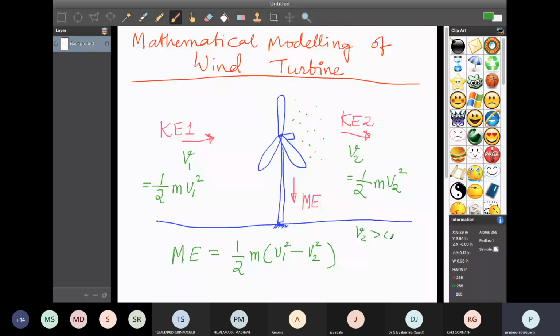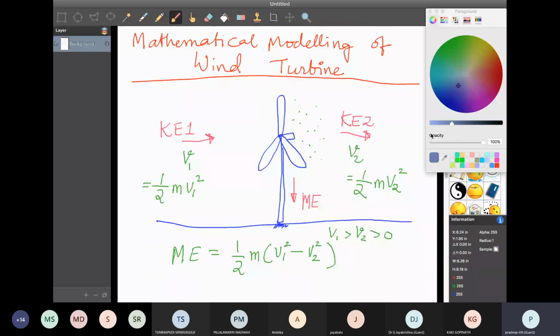And obviously, if V2 equal to V1, then what happens? The mechanical energy out would be zero. So V1 has to be more than V2. This is the condition for proper functioning.